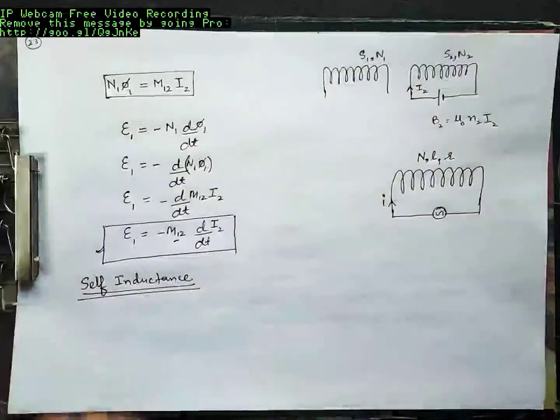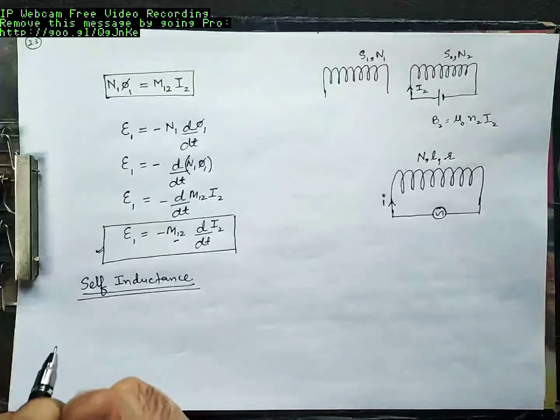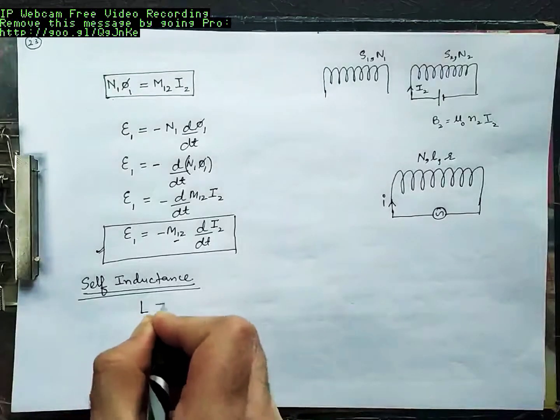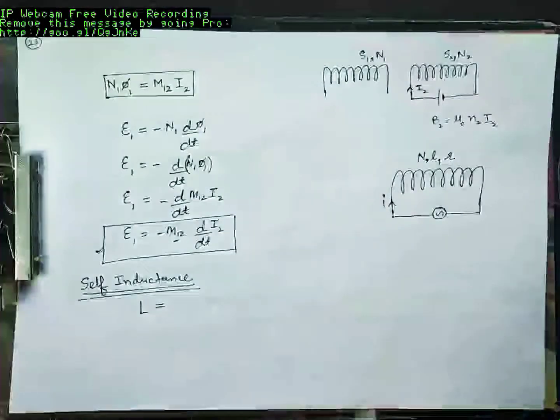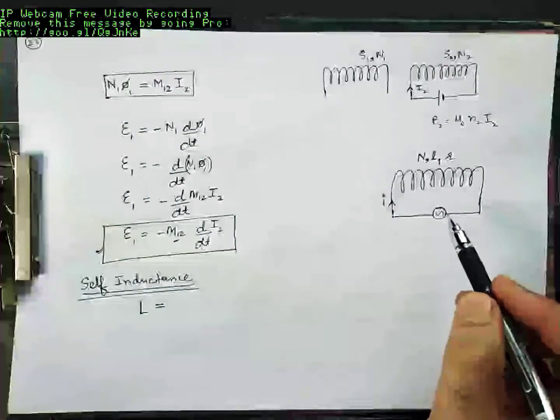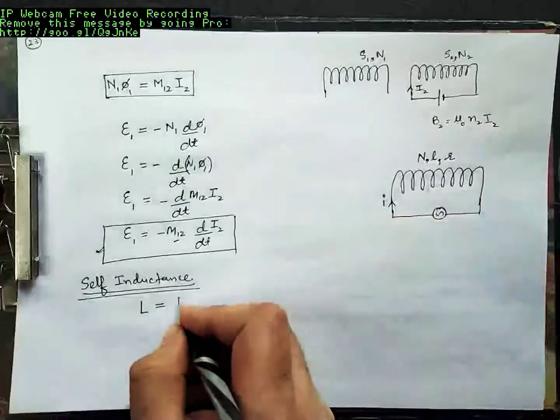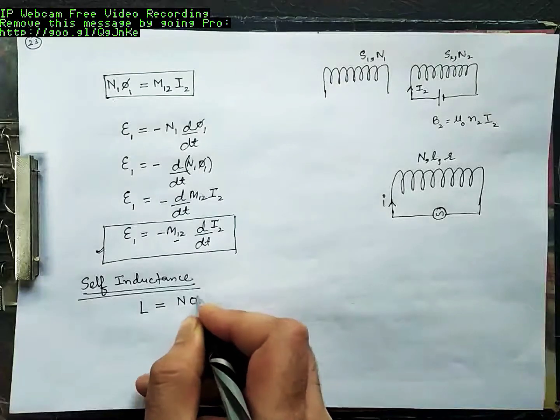If you remember, yesterday we defined the inductance L of a coil as the total flux through a particular coil. Here the number of turns is N, and the flux is phi.